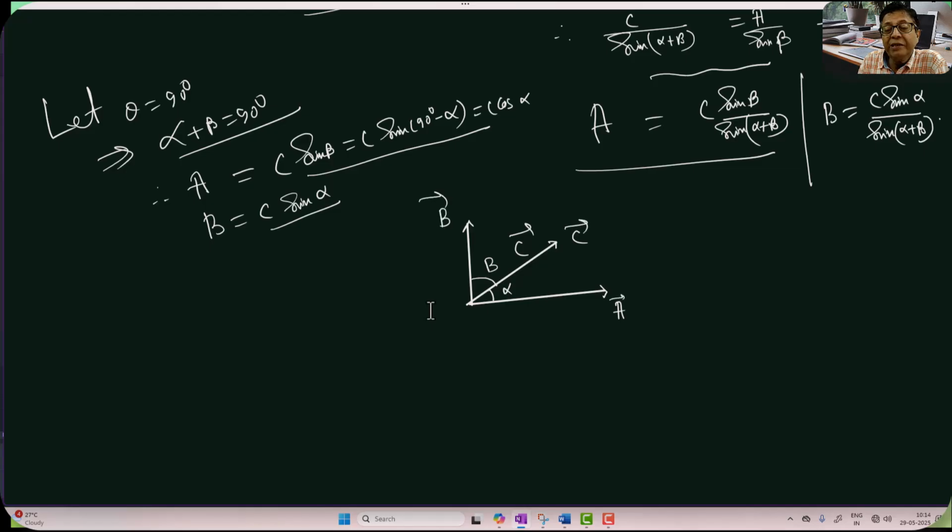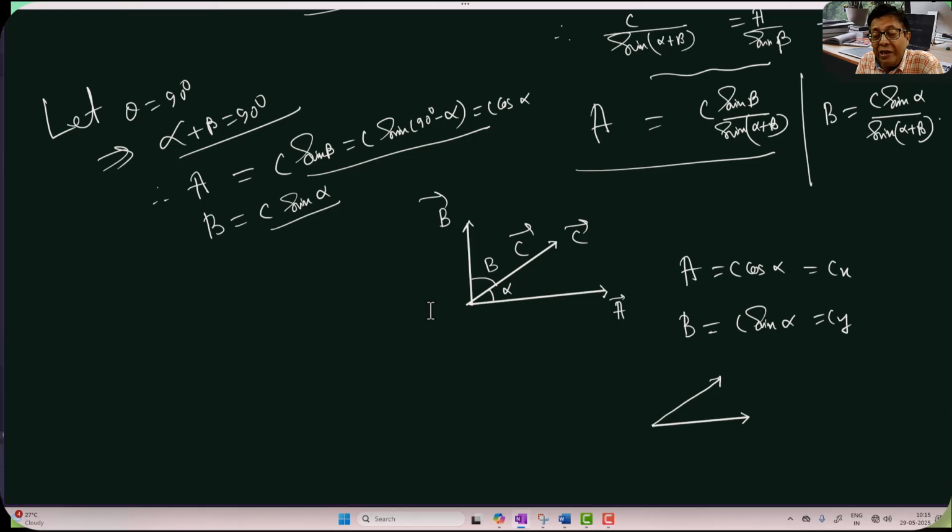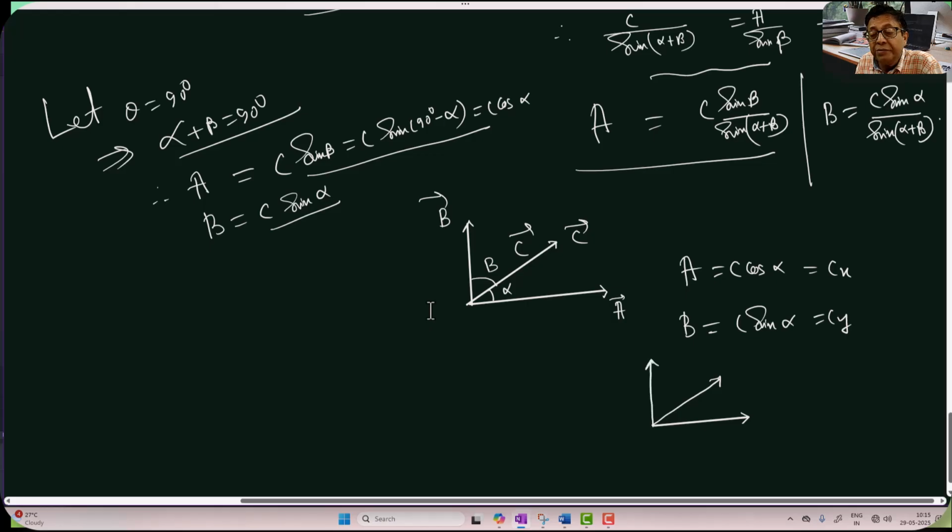this is A vector, B vector, and this one was C vector. The value of A you got is C cos alpha. This you can write Cx. Value of B is what? C sine alpha. That is Cy. So if a vector C is there, now we will write it has a horizontal component.